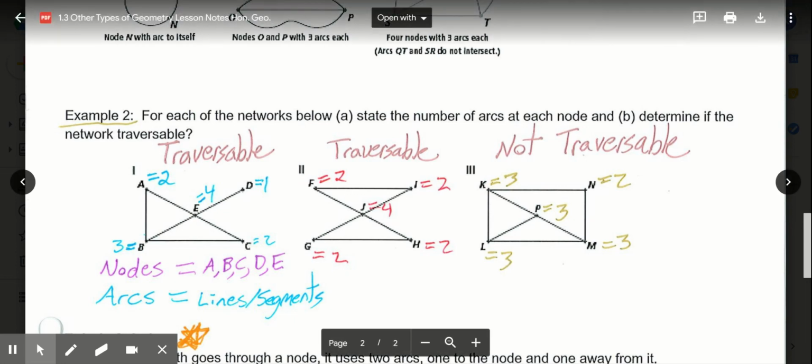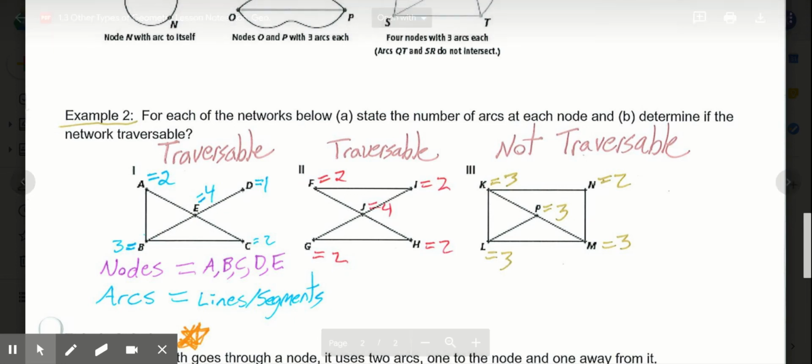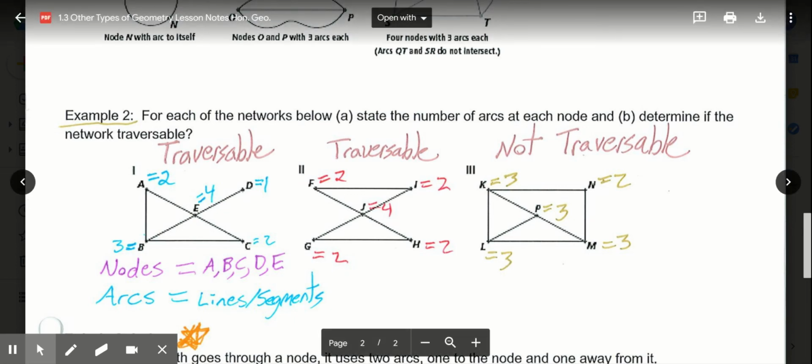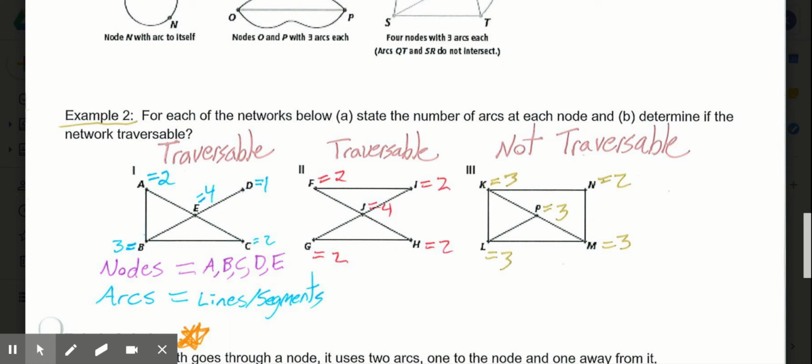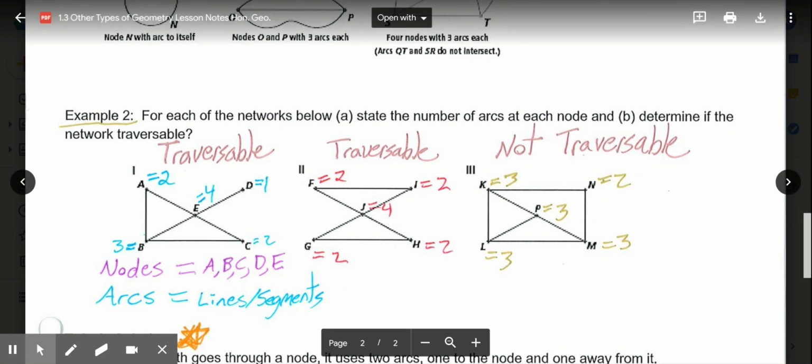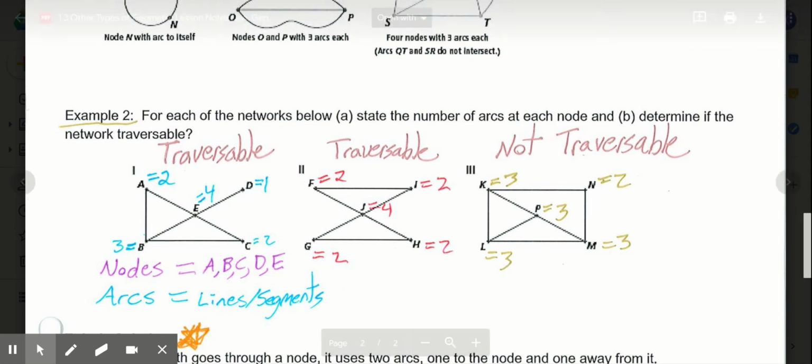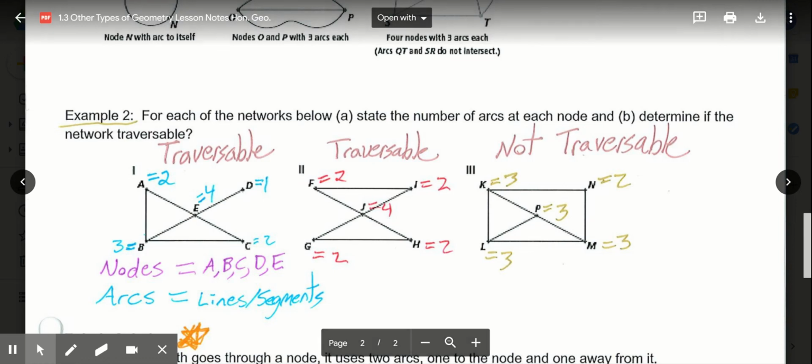In the second network, again, we have our different nodes, so I just went in and counted the number of arcs at each. F had 2, I had 2, G had 2, J had 4, H had 2. All even nodes. So 0 odd nodes, it's a traversable network.